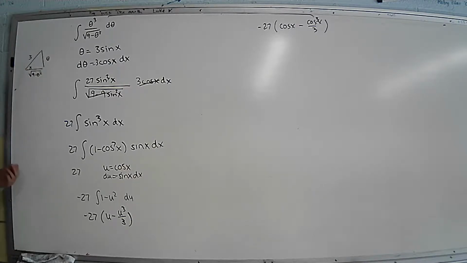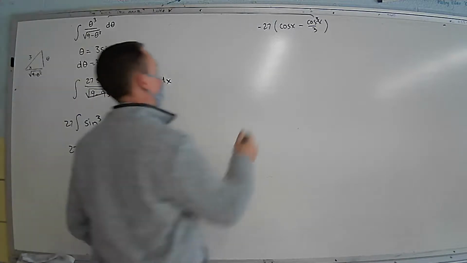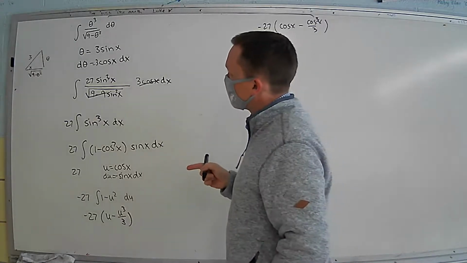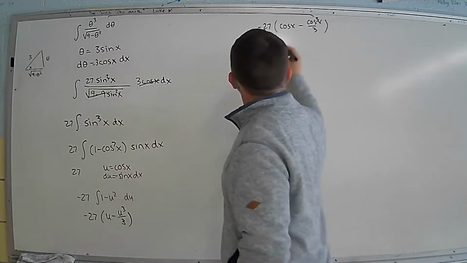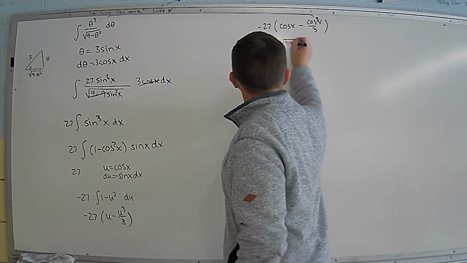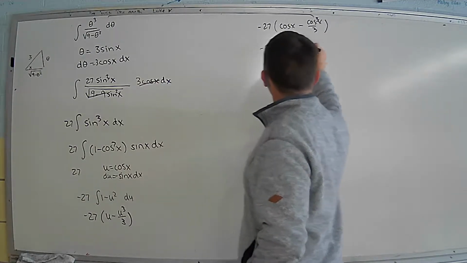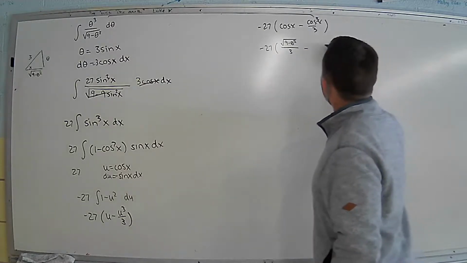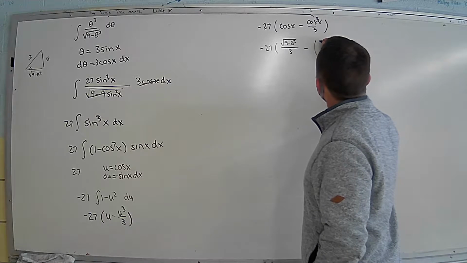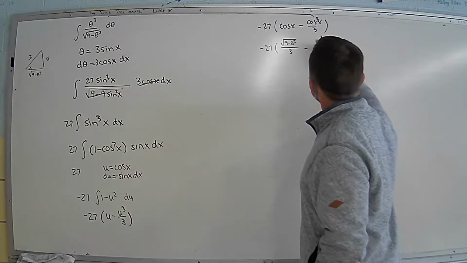I mean, that's backwards from how we normally would do it. Looks stupid. So now 27 times cosine of x is radical (9 minus theta squared) over 3. And then cosine cubed will be that same thing. So like this.